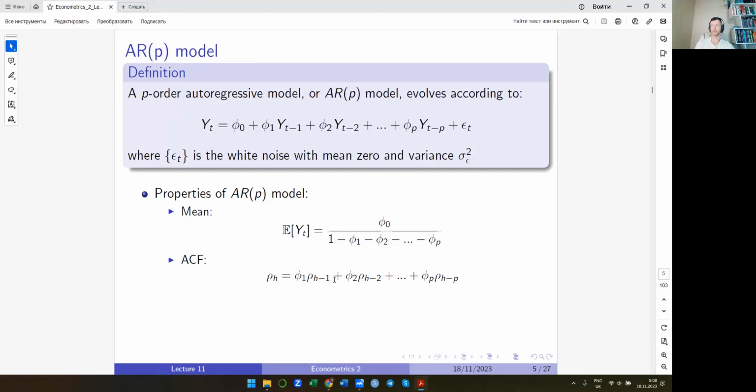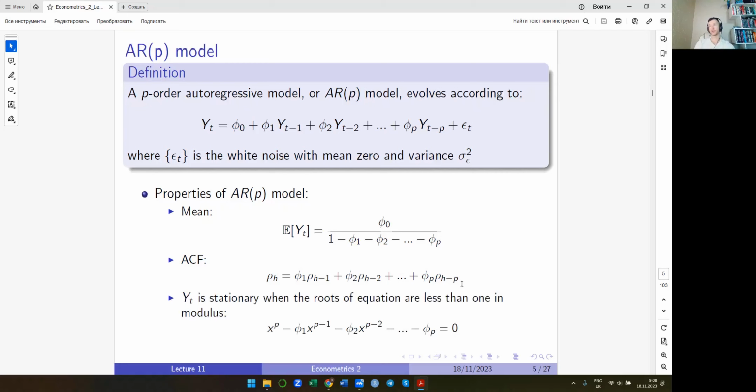That's all. And if you want to find, say, the autocorrelation of order 2, this is going to be autocorrelation of order 1, autocorrelation of order 0, and so on, up to the 0th autocorrelation here.